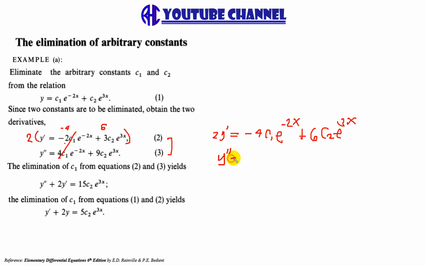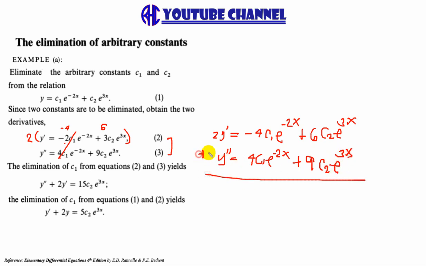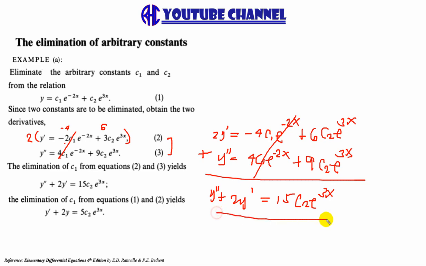Now, y double prime is equals to positive 4c1 times e raised to negative 2x plus 9c2 times e raised to positive 3x. Then, plus natin. Ito, cancel out na to. So, magiging result niyan is y double prime plus 2y prime is equals to 9 plus 6 is 15c2 e raised to 3x. So, kaya nakuha natin to.